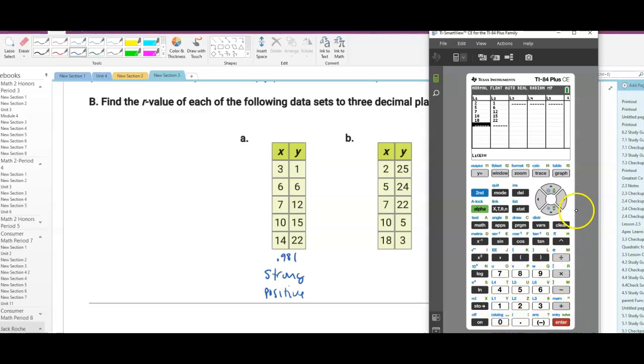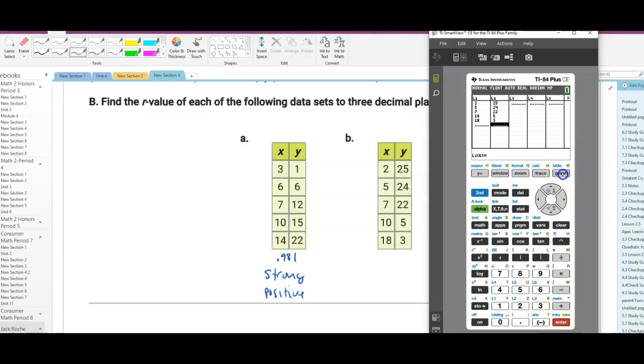Then I'm going to arrow over. And then I'm going to enter 25, enter 24, enter 22. Then I'm going to go 5 and 3.